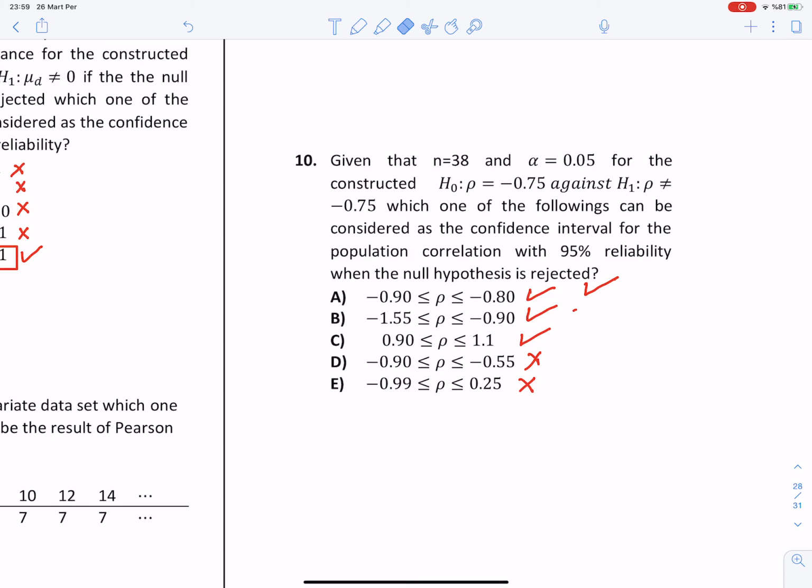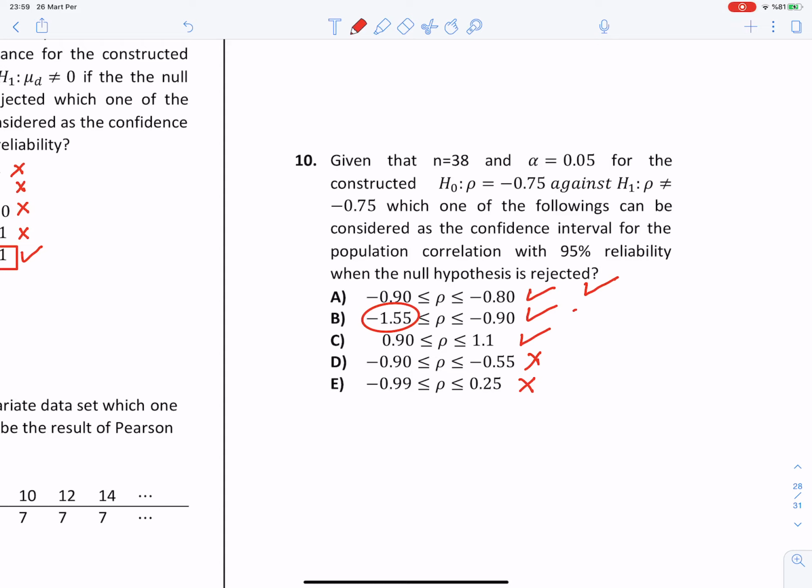And option B, look at that, you have minus 1.8555, which is outside the range of the correlation coefficient, which is impossible. We don't observe the Pearson correlation to be less than minus 1.